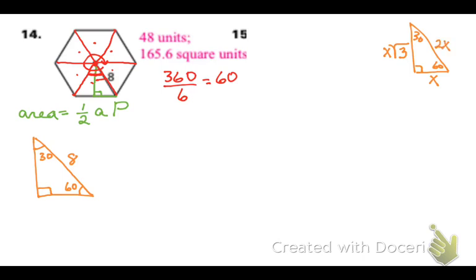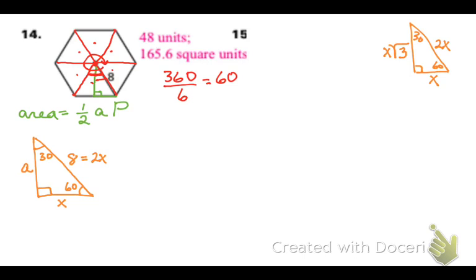So here we have the hypotenuse, but we need x to calculate the perimeter. And we also need A, the apothem. So what do we do? The easiest thing is that the hypotenuse is equal to 2x, and we know the hypotenuse is 8.